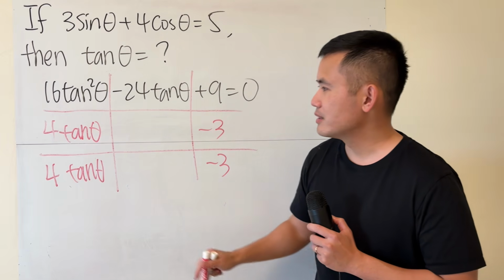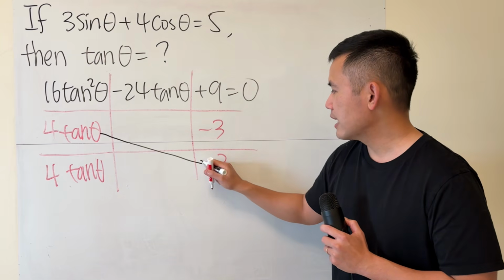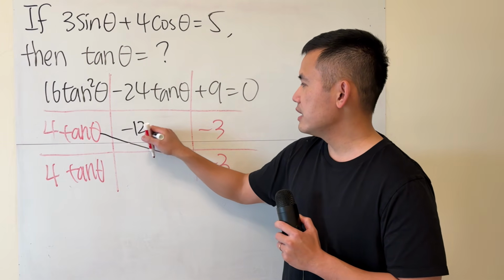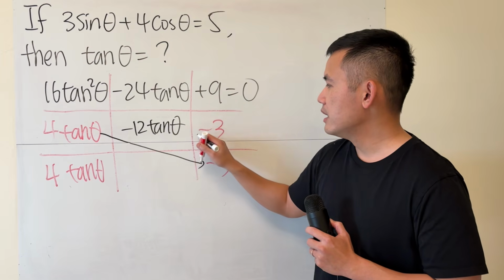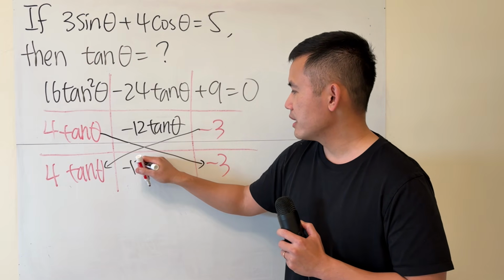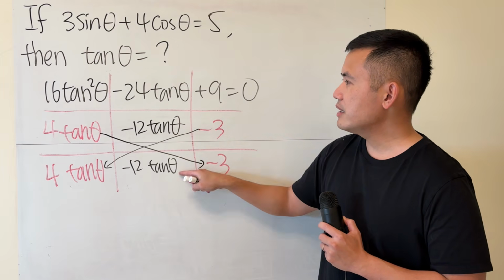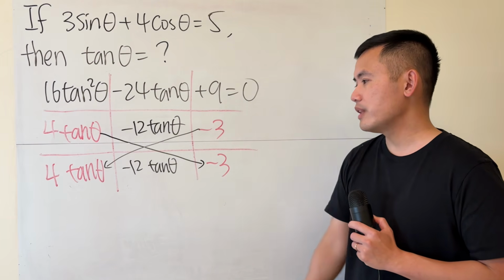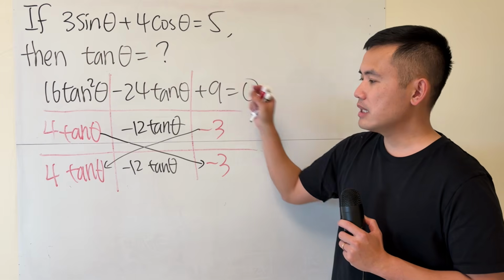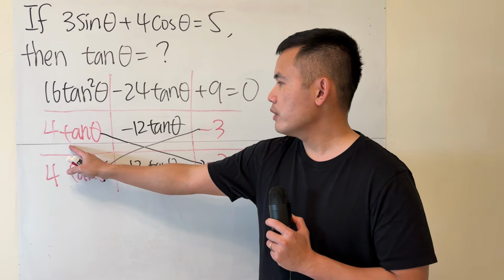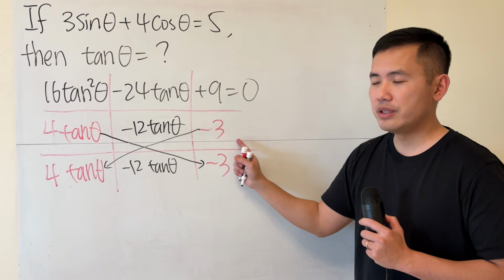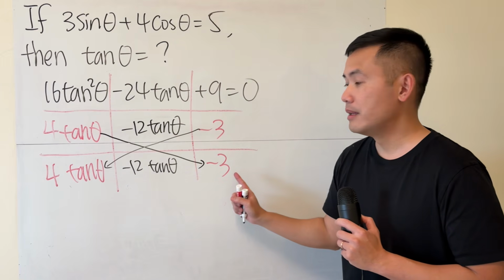Does it work? It does, because 4 tangent theta times negative 3 tangent theta, that's negative 12 tangent theta. And then do another one here, we get another 12, minus 12 tangent theta. Together, we do end up with negative 24 tangent theta. So that means this can be factored as 4 tangent theta minus 3 times 4 tangent theta minus 3.